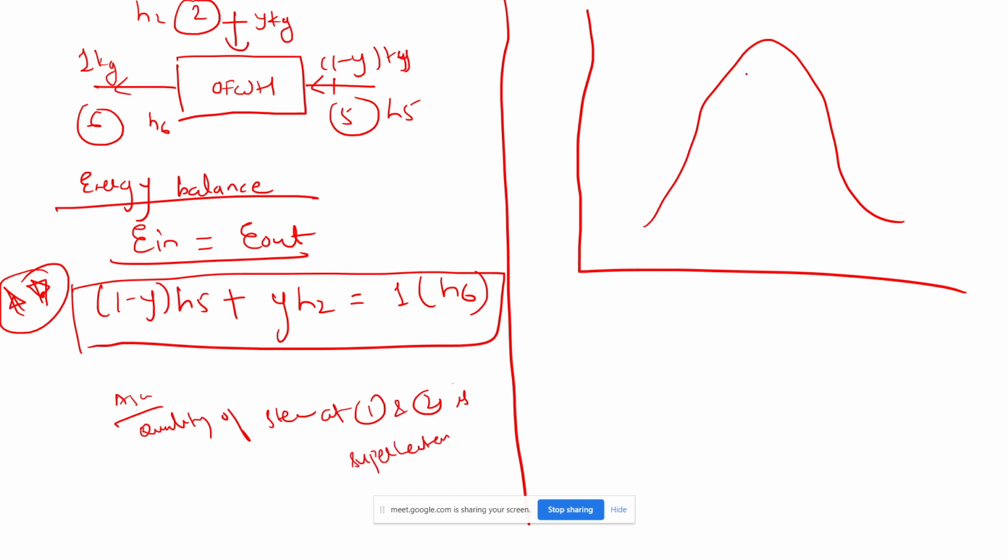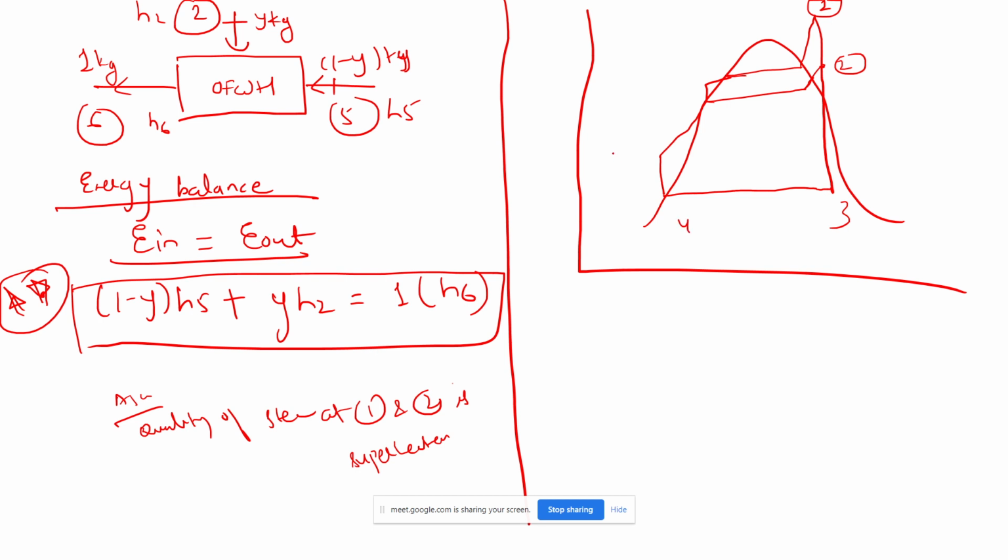So this is point 1. Suppose we are extracting at this point, this is point 2, this is also in the superheated region, this is point 3, and then again it will go to feed water.